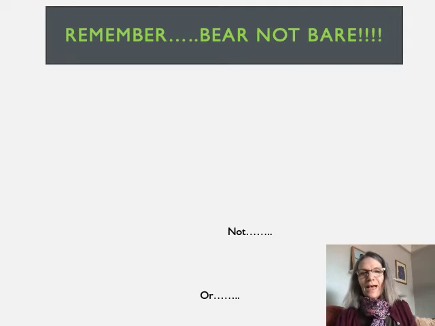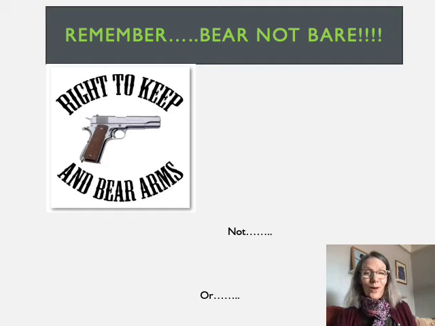Okay, so before we get into the substance of the Second Amendment and the right to bear arms, I just want to make a clarification about how you spell the right to bear arms. The reason I do this is I cannot tell you how many essays I've read on the right to bear arms wherein the word bear is spelled wrong. So remember, it's bear, not bare.